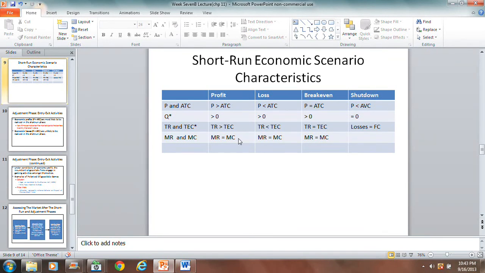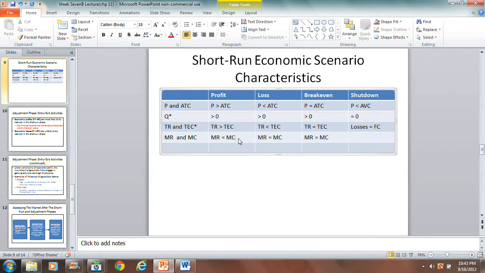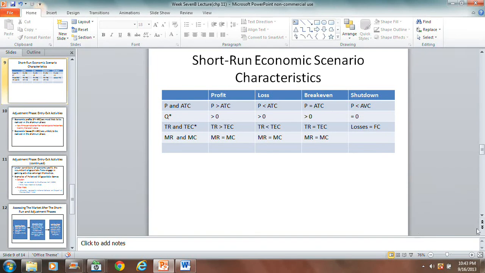Right? And of course, to find Q star, we find where marginal revenue equals marginal cost. So the most likely scenario is the profit case, but you could take the model and depict loss, break even, and also shutdown, but those cases are more theoretical than practical. The most likely case is profit.